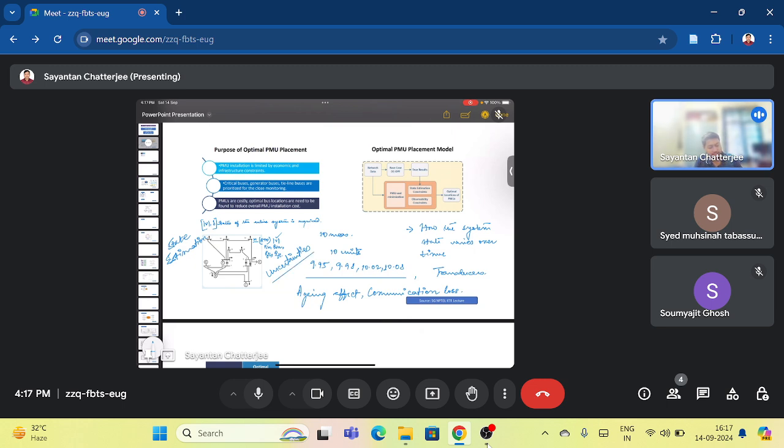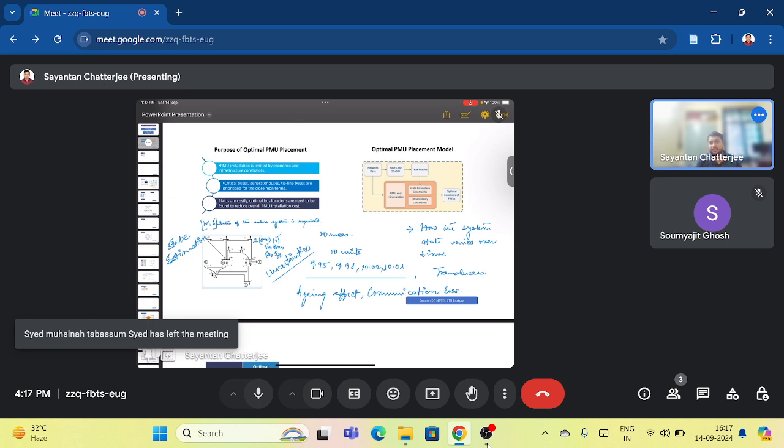Some uncertainties are still present in the measurements. So, to nullify the effect of these uncertainties, we can do something called state estimation.